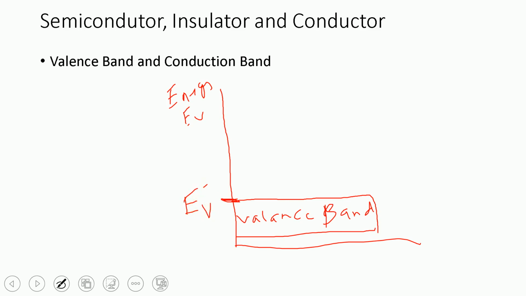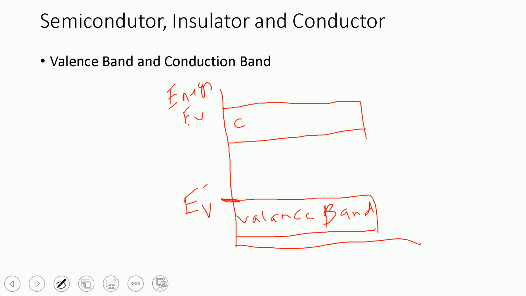So the highest energy of the valence band is represented by EV, whereas when electrons become free, the cluster of all energy levels of free electrons is known as the conduction band.